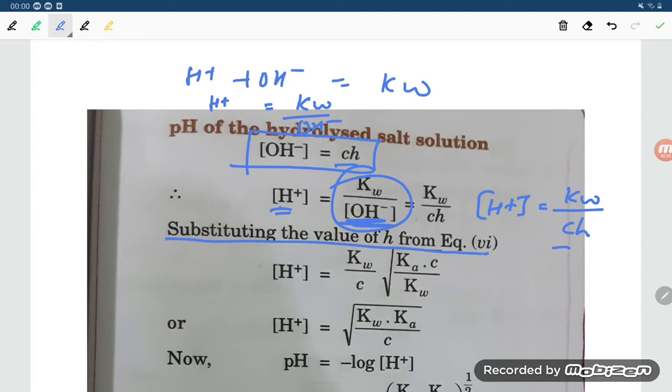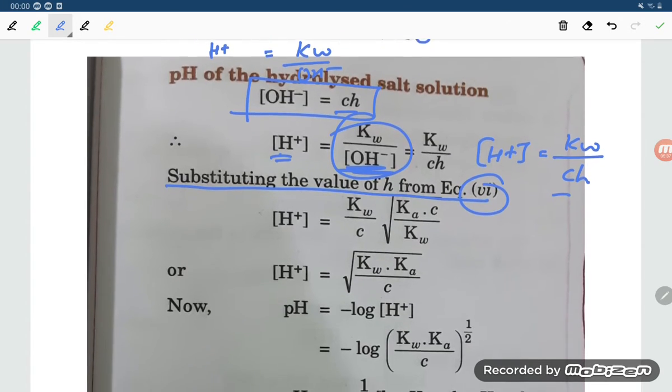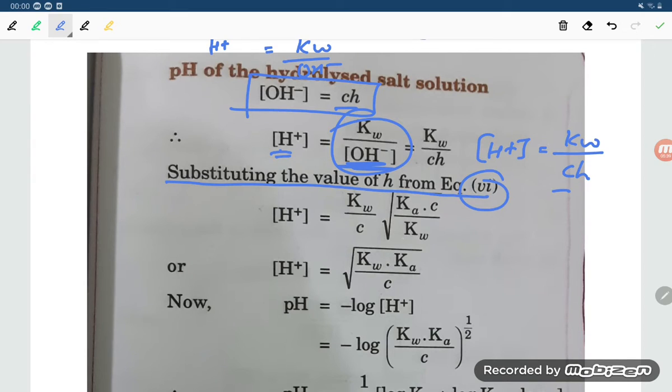Substituting the value of h from equation 6, [H+] = Kw/C times the root of Ka C/Kw.